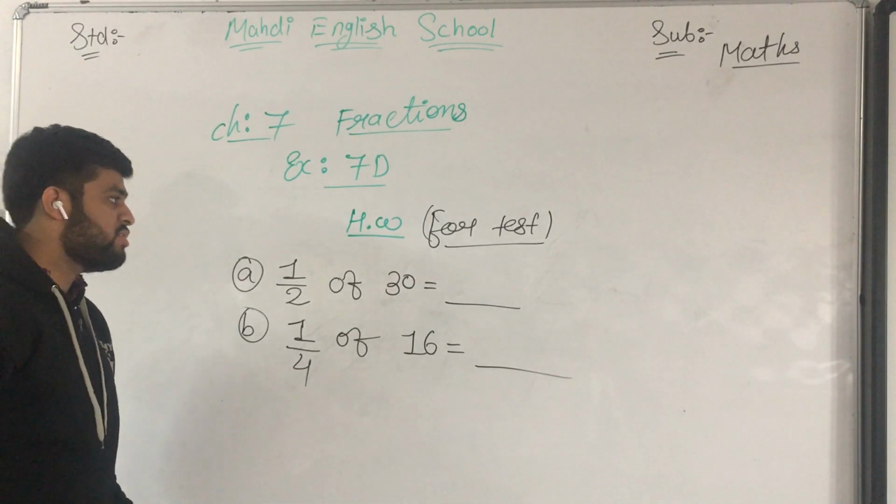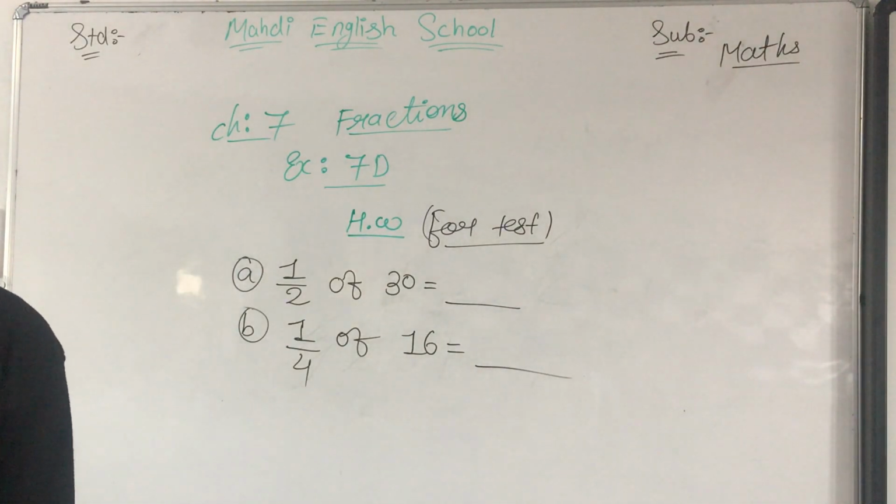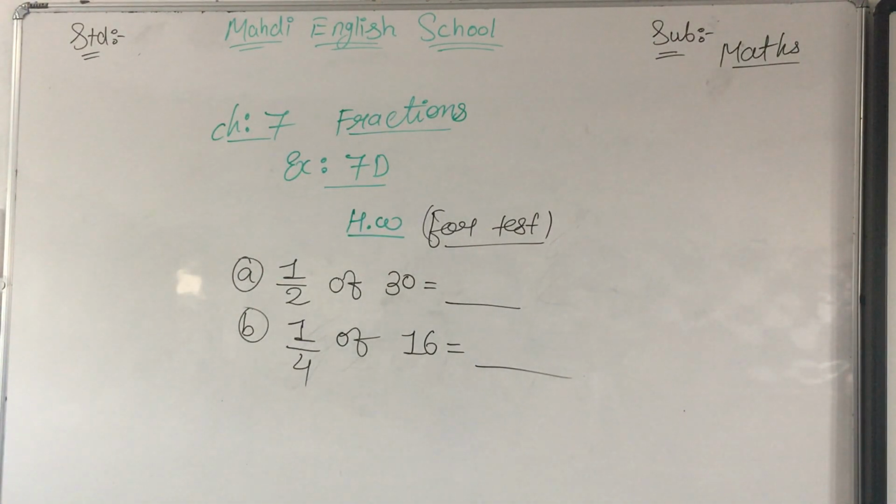Note down both these sums, my dear students. Write the answer for both of these sums for a test. Try to solve them at your home, and then send it to me on my personal WhatsApp.